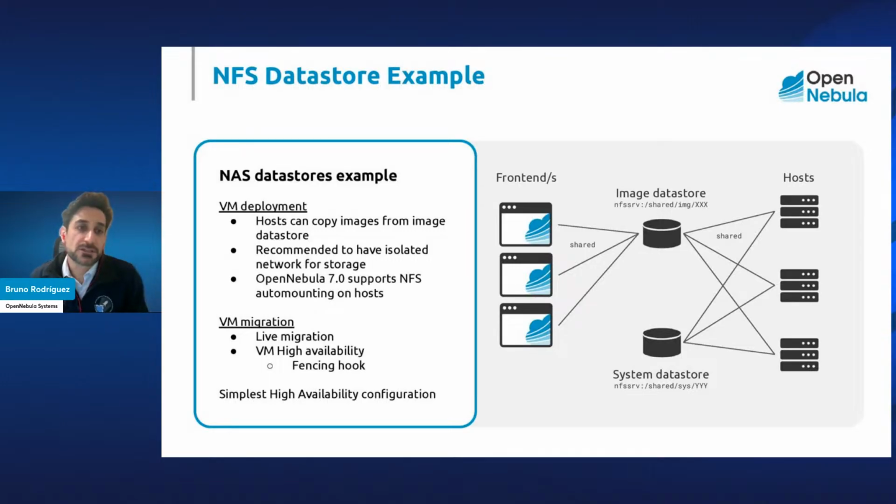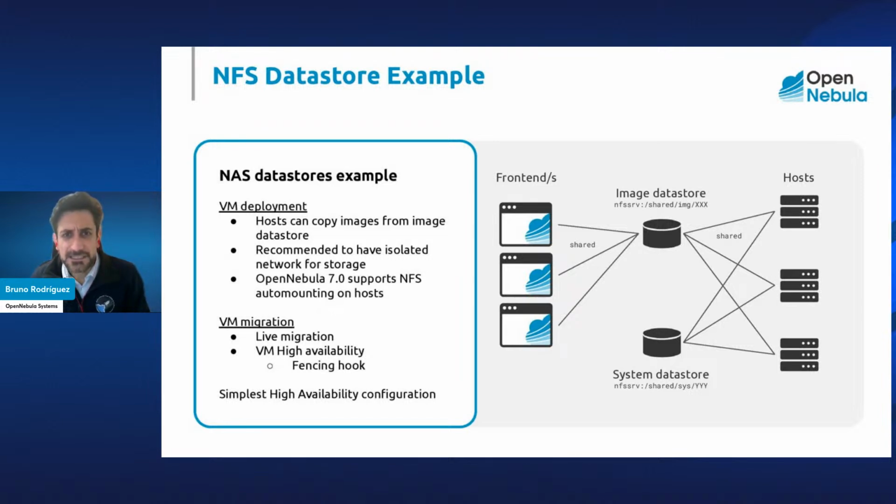With NAS, whenever we talk about NAS, we talk about NFS, and we don't distinguish between NAS and NFS. What we can see here is that we can have more than one front end, so we can have high availability.